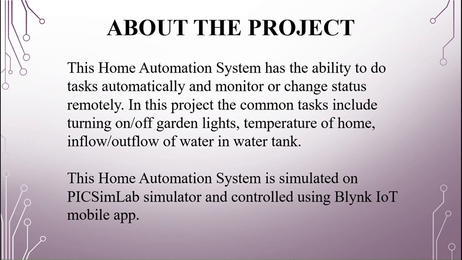In this project, the common tasks include turning the garden lights on and off, measuring the temperature of the home and controlling the temperature also, then inflow and outflow of water in the water tank. So if the water tank is full or if it is empty, then accordingly we will turn the water tank on and off. This project is implemented using a PixSim Lab simulator and controlled using the Blink IoT mobile app.